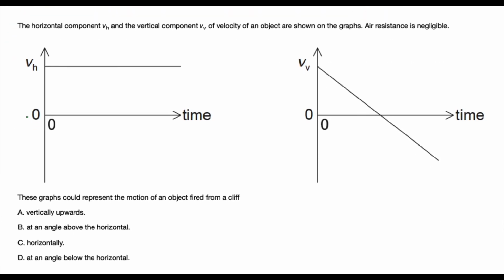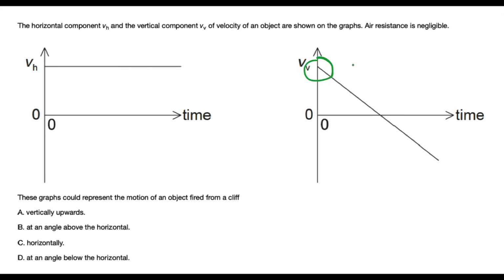The horizontal component v sub h and vertical component v sub v of velocity of an object are shown on the graph. Air resistance is negligible. This graph could represent the motion of an object fired from a cliff vertically upward, at an angle above horizontal, or at an angle below horizontal.